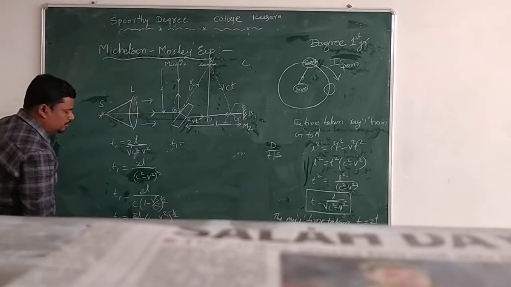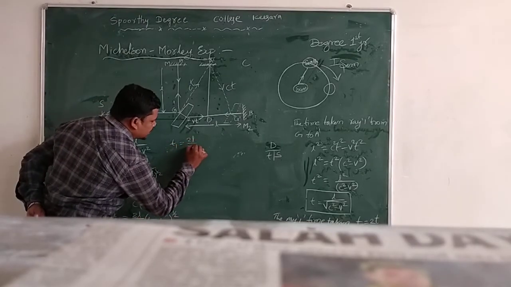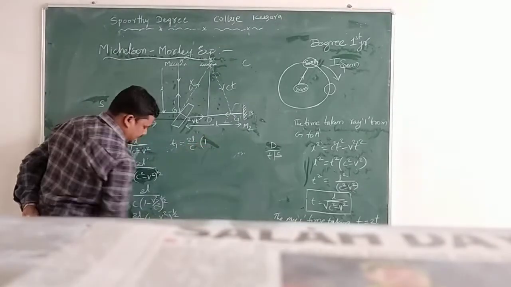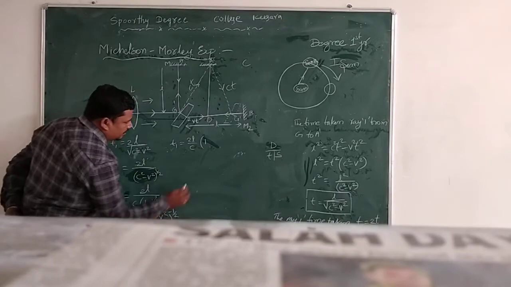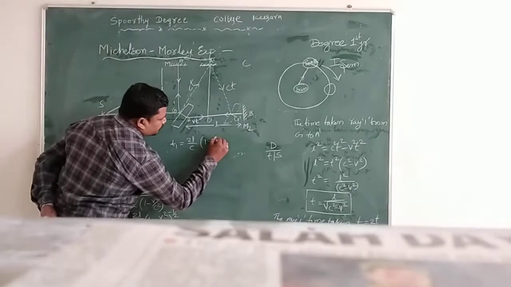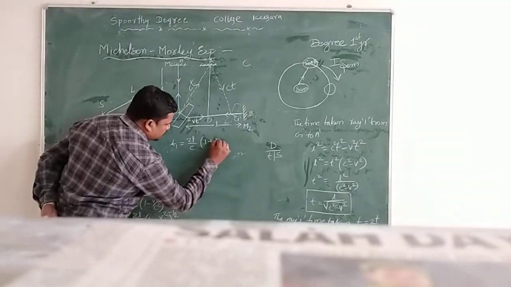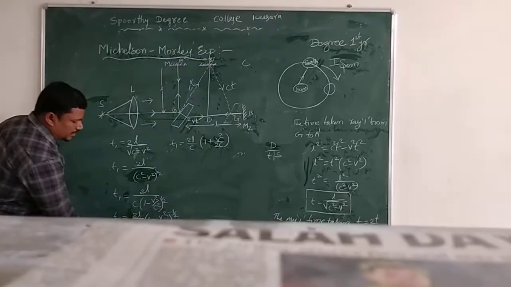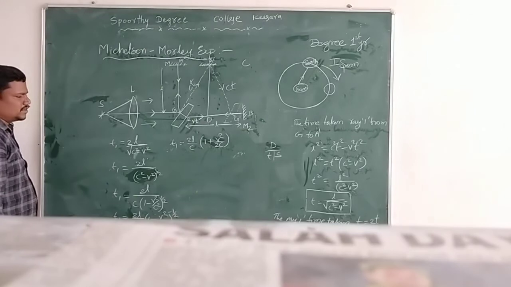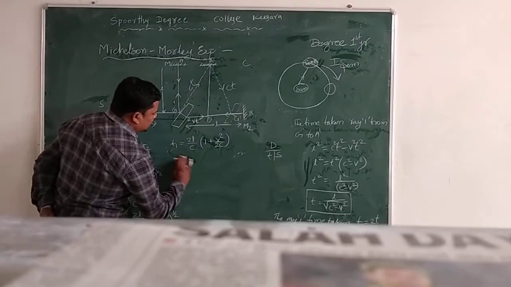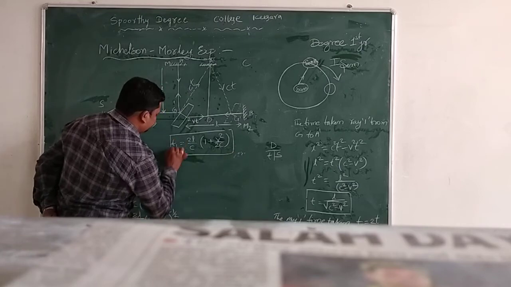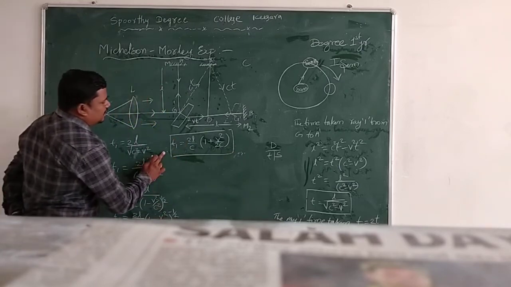T1 equal to 2L by C, 1 plus V square by 2C, regarding power minus 1 by 2. This is the T1 value. This is for ray 1.